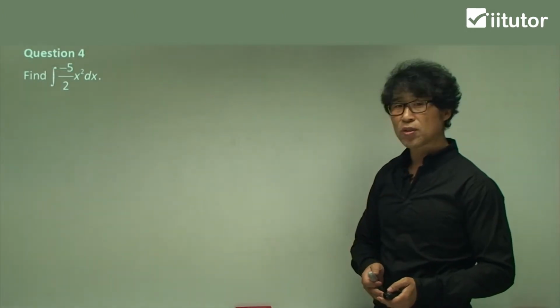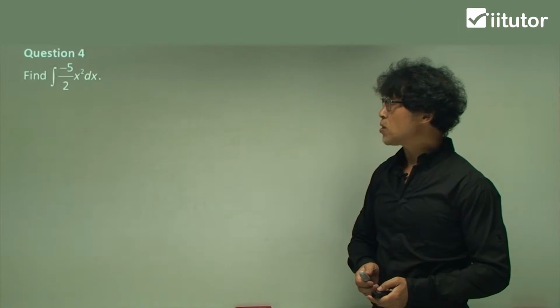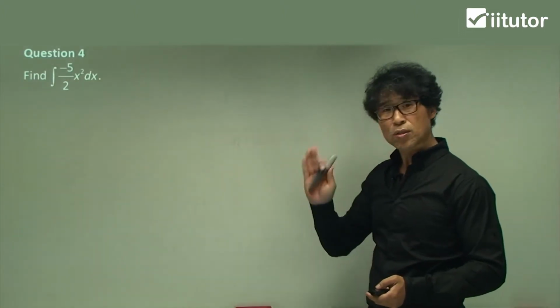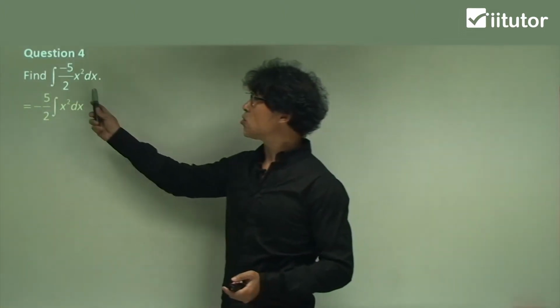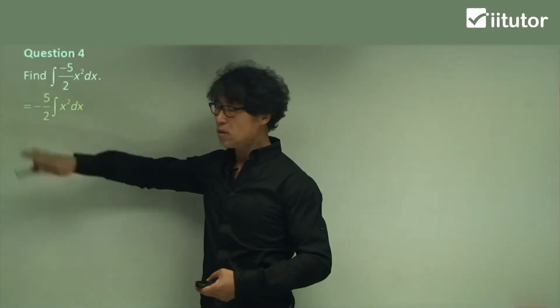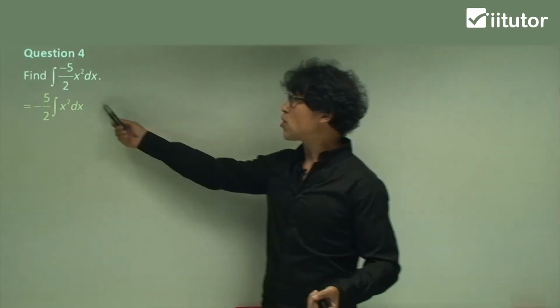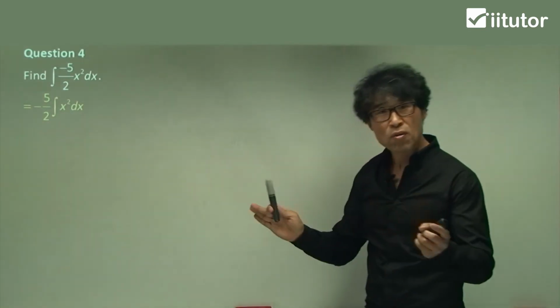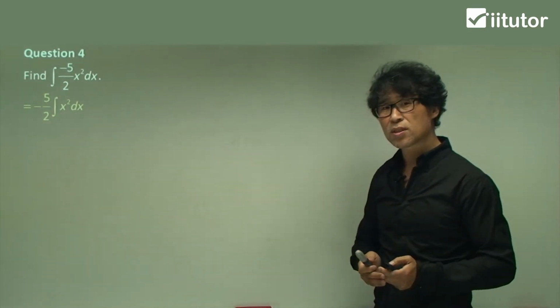Next one, a bit more complicated, but I can give you a tip. What you may need to do is to make the question simpler. I suggest you take the coefficient completely outside of the integral. Then you can just integrate whatever is inside the integral sign.